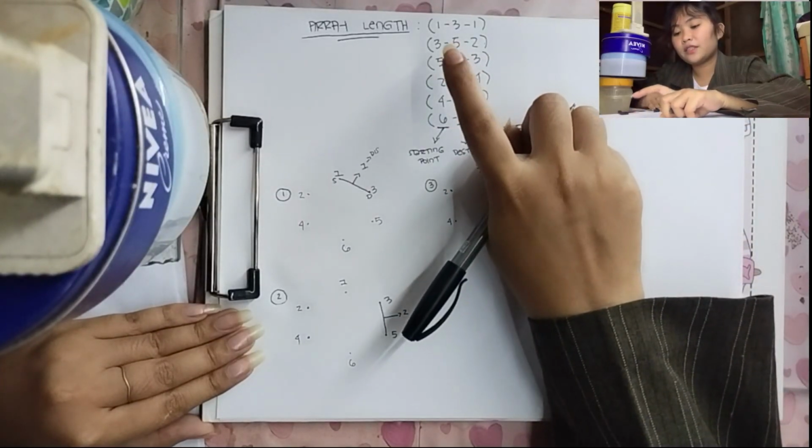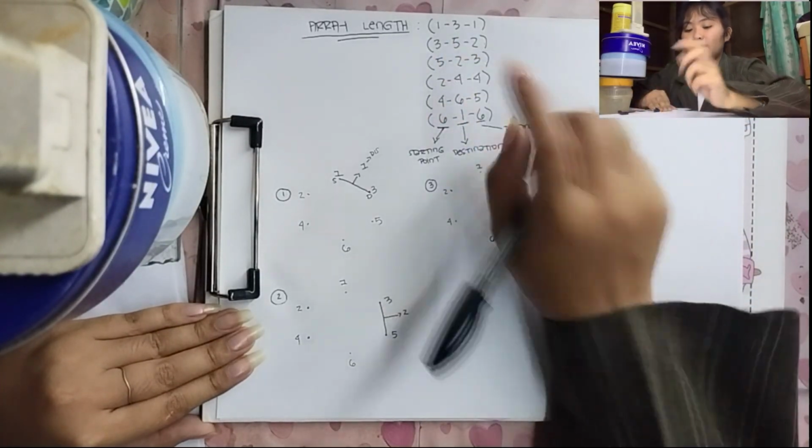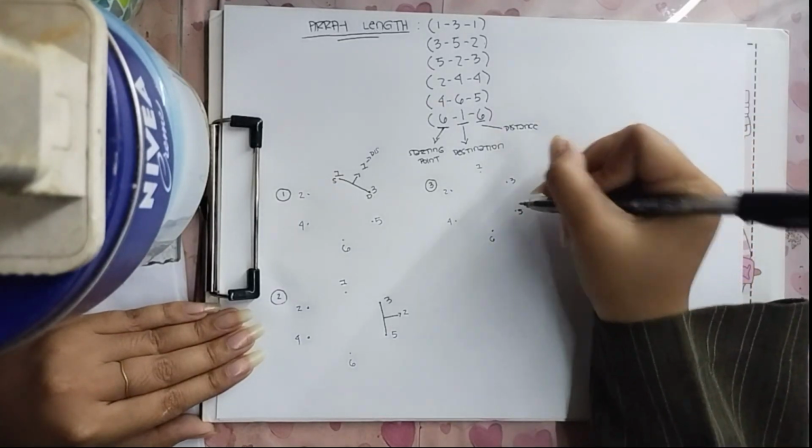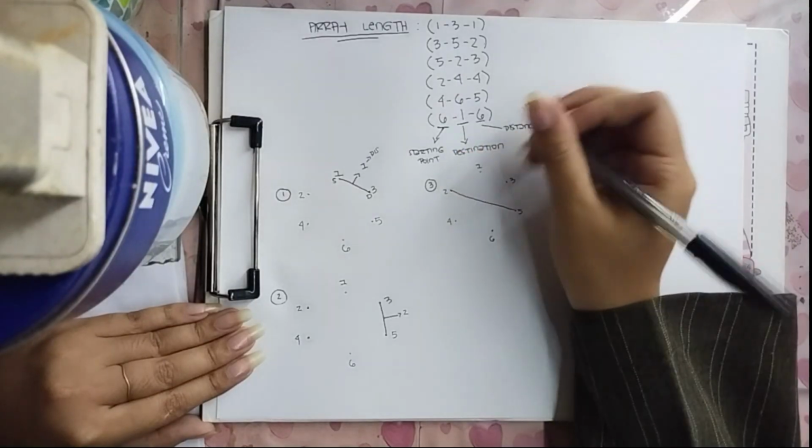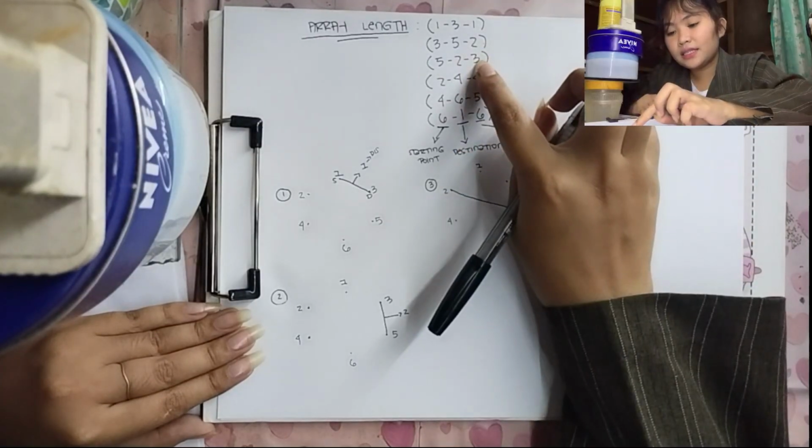So 5 starting point, 2 destination. So 5 and 2. The distance is 3.